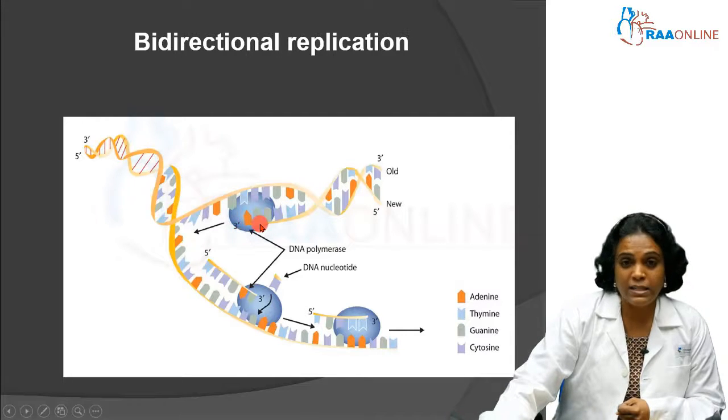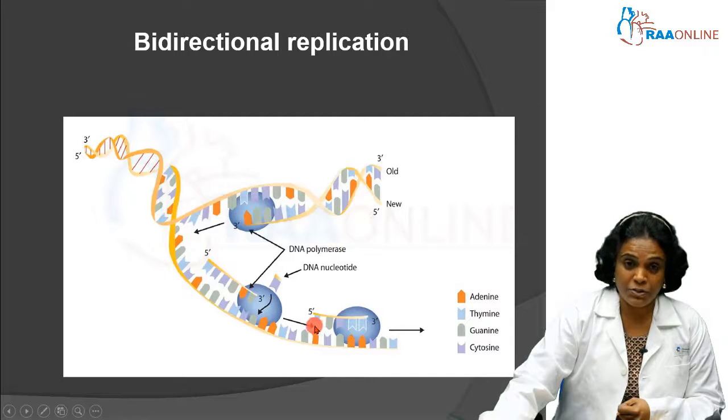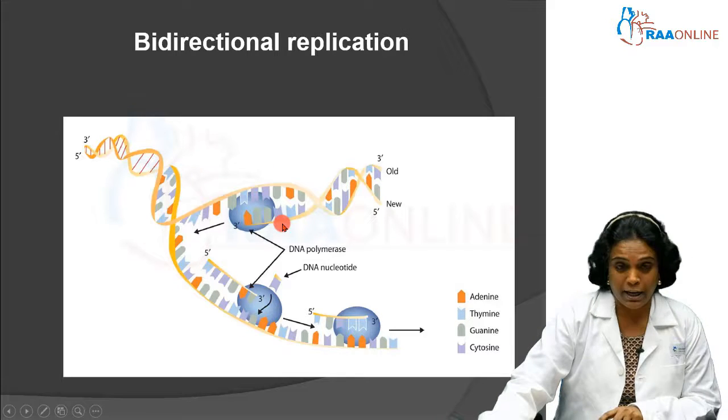And then the ligase, which helps to link the ligated fragments. Now this synthesis happens in the 5' to 3' direction, and the reading frame will be in the 3' to 5' direction. So this is called bidirectional replication.